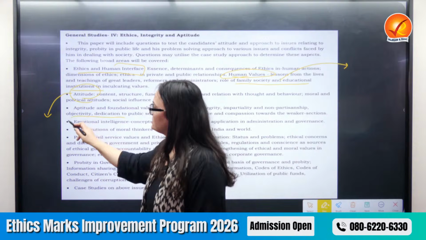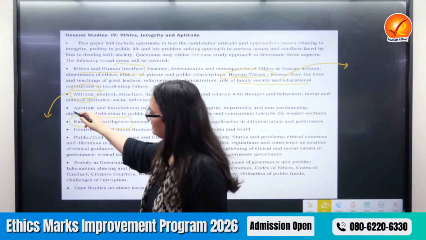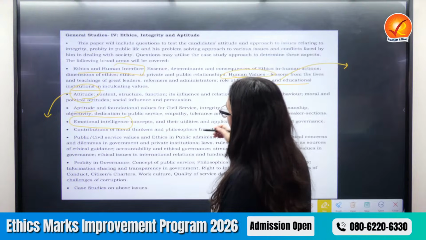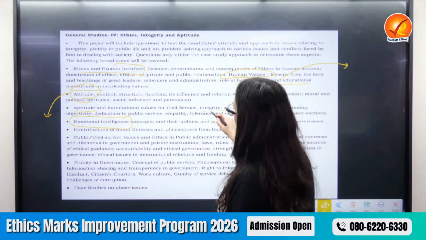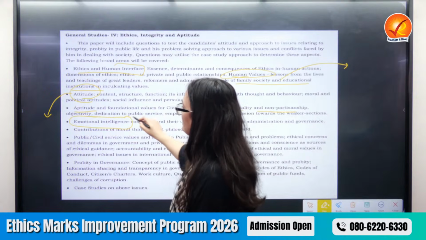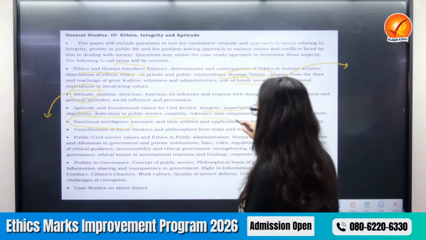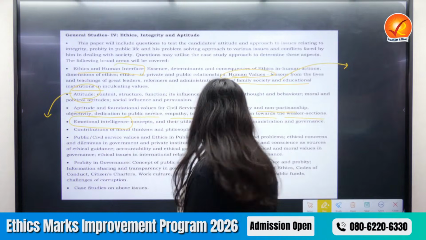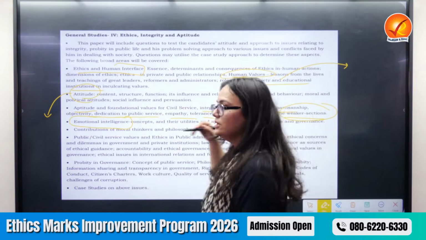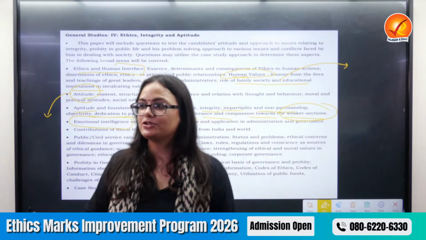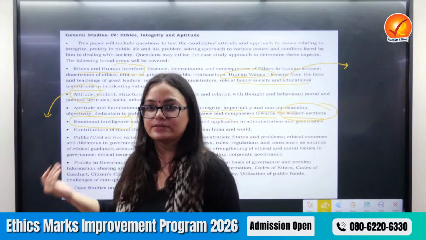Emotional intelligence, aptitude. Then you have these values mentioned in the syllabus: integrity, impartiality, non-partisanship, objectivity, dedication to public service, empathy, tolerance, compassion towards the weaker section. Even weaker section is a theme. If you see, many of your case studies, many of your questions, compassion related case studies will be linked to weaker sections.